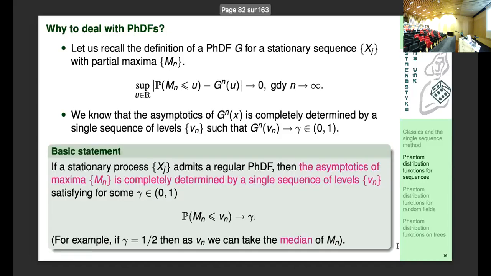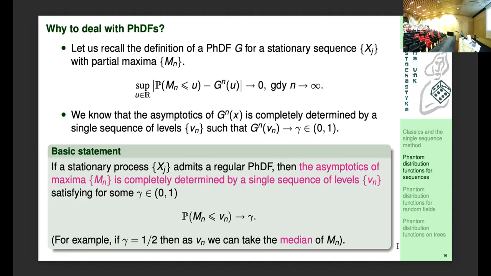So we have a basic statement. If a stationary process admits a regular phantom distribution function, or continuous, this is equivalent, then the asymptotics of maxima is completely determined by a single sequence of levels of this type. So if it admits the asymptotics, to know the complete asymptotics, we need only to check this one relation.